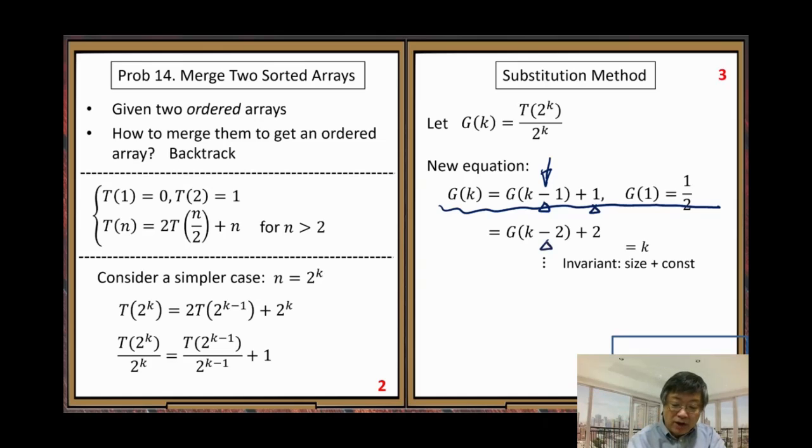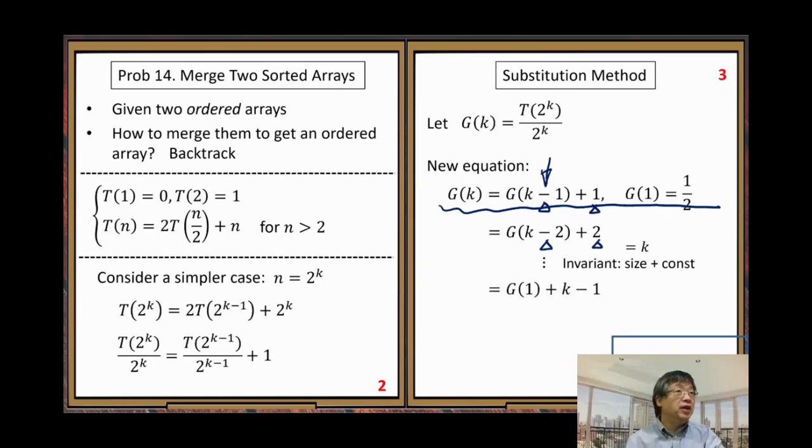The size number k minus 2 plus the constant term 2 equals k. That sum is invariant. For all the equations you write out, that number is invariant.